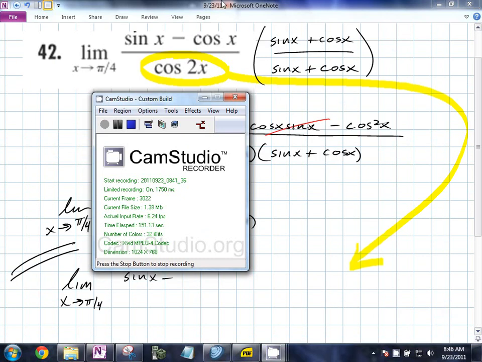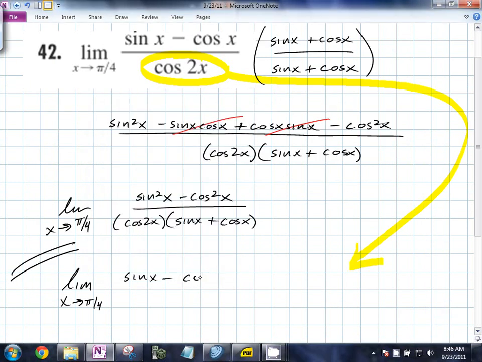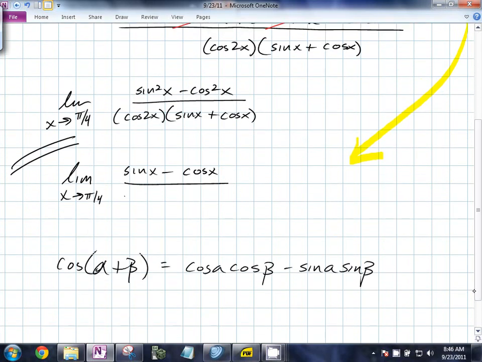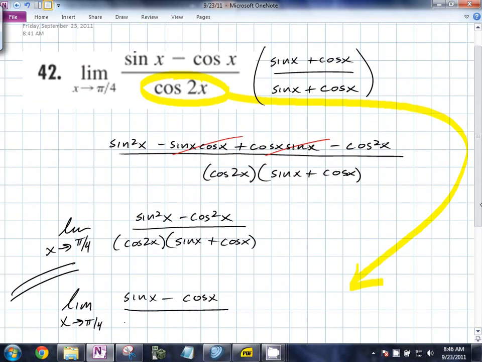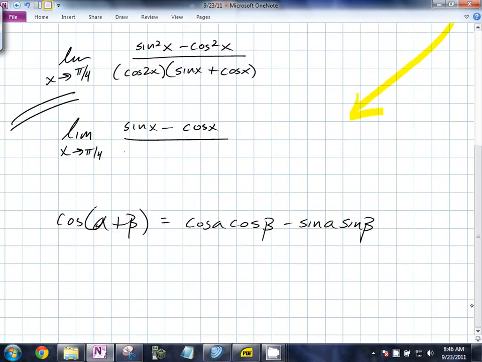Sine x minus cosine x, and what does the denominator become? Sine x squared, cosine x squared. Is this the right order? Yeah, it is right. The top is what? There's no squares on top, Bill. I thought it was cosine squared x minus sine squared x.